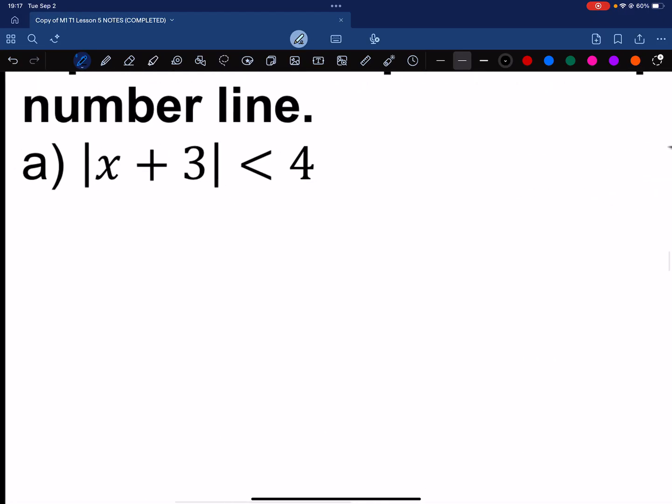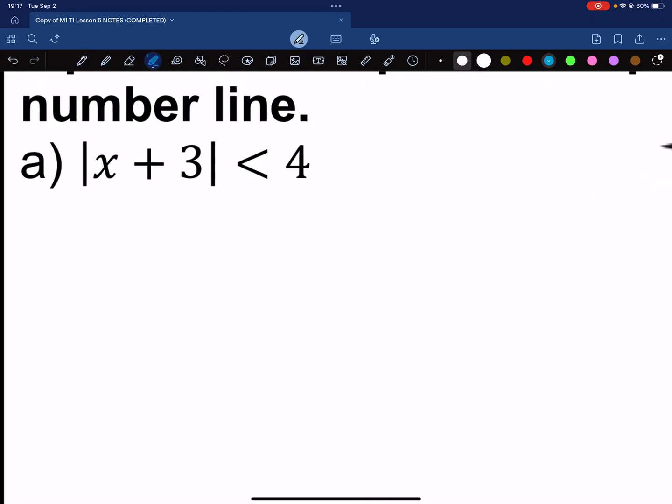So here we go. First thing we need to do is we check, are the absolute value bars by themselves? Nothing is being added, subtracted, multiplied, or divided. And in this case, yes, they are by themselves. Then we look at the symbol. This is a less than symbol.